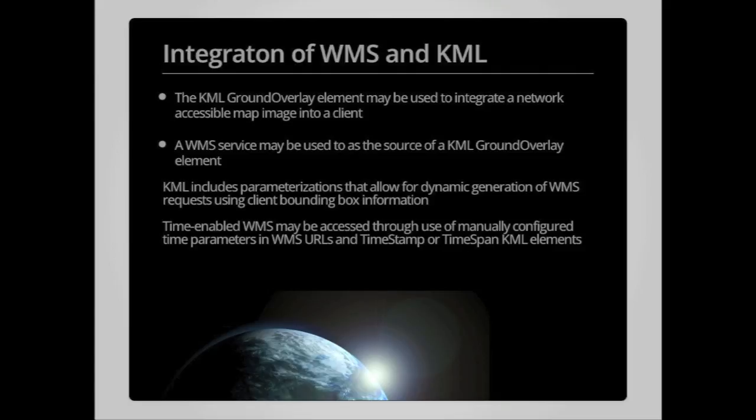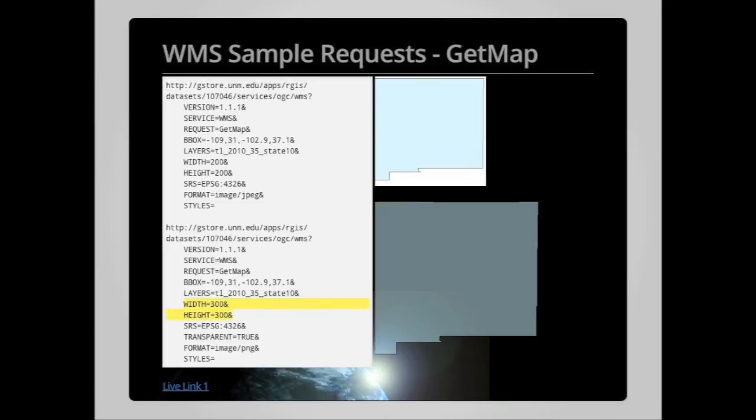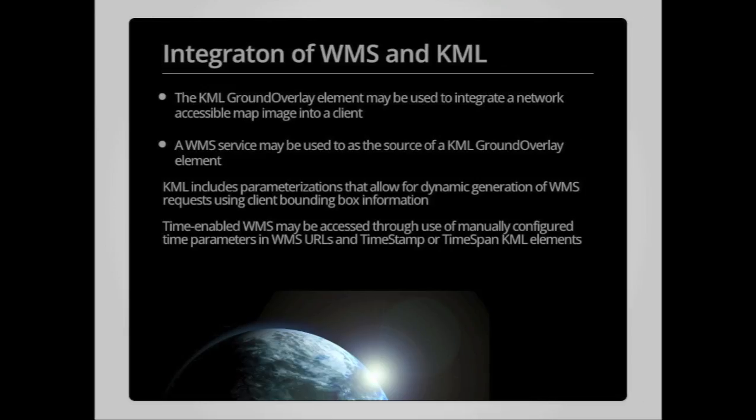And the ability to bring those network accessible images in is then extended to specifically support web map services as map images that you can bring in. So you can treat the URL, the address that we have been talking about here, this get map request, as the source for a map image to bring into a KML ground overlay.